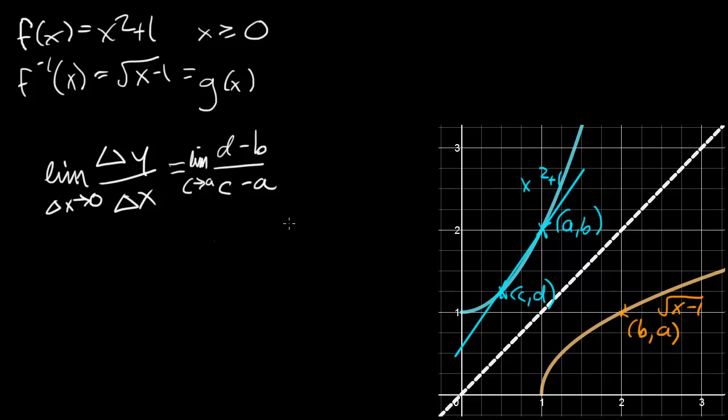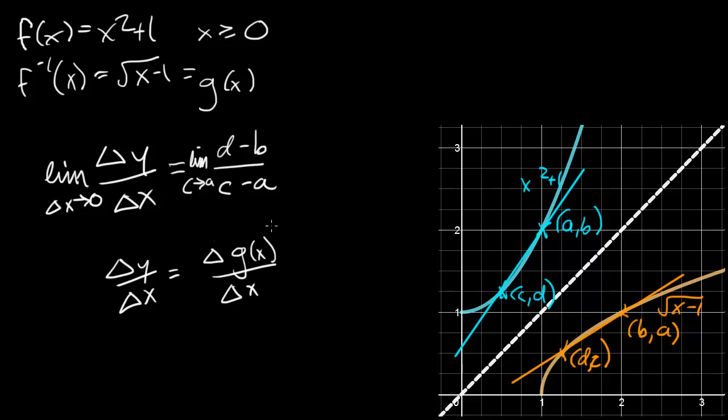Now, what does that look like on the inverse function? Well, there's also going to be a corresponding point, d comma c. And there will be a secant line between the 2 points. What's the slope of this line? It's going to be delta y over delta x, or delta g of x over delta x, because this one was delta f of x over delta x.